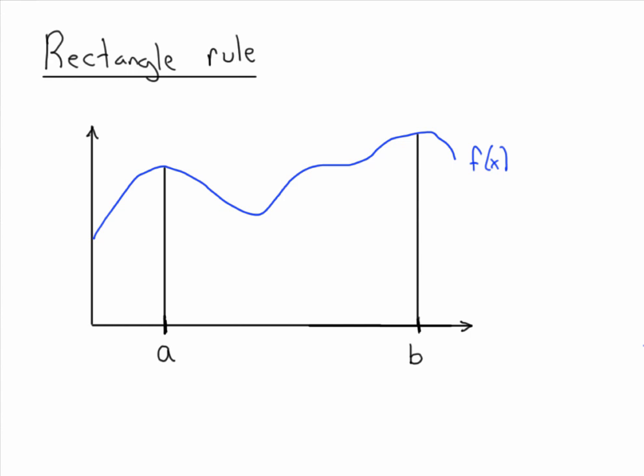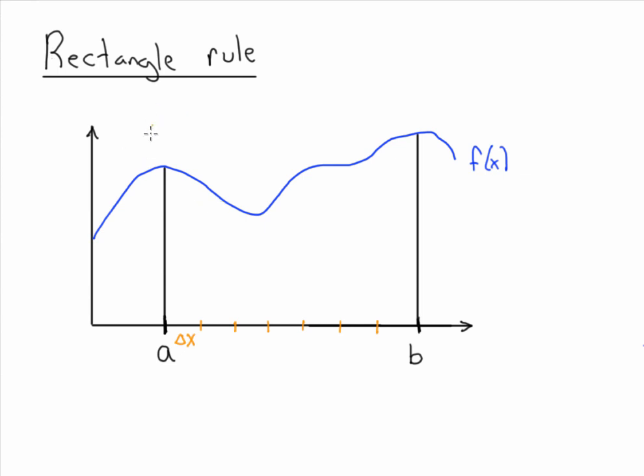We have a function f of x, which is shown by the blue line, which we wish to integrate over the interval from a to b, which is shown on this diagram here. The way the rectangle rule works is that we divide our entire domain up into a bunch of little regions. And each one of them has some width delta x, like that.